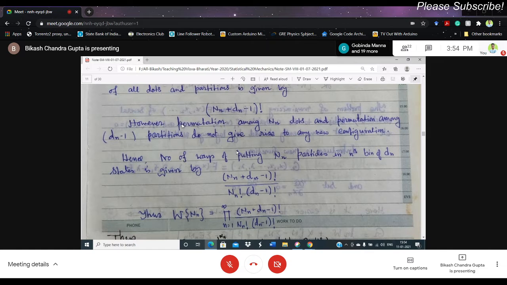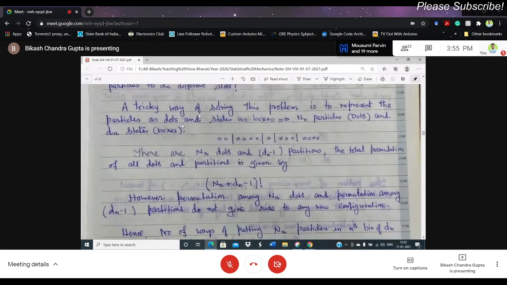That means there is no restriction of putting any number of particles in a particular state in case of bosons. Taking that into account, please remember this is a kind of trick. You don't forget this trick. You will need it at many places. Earlier also I talked about it.